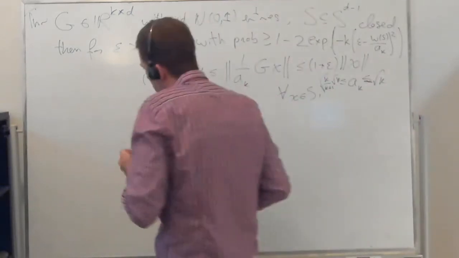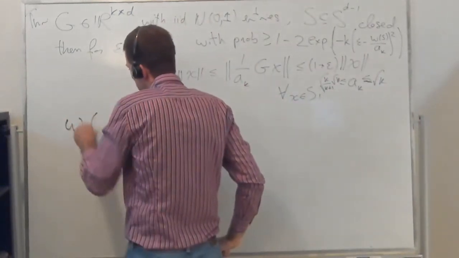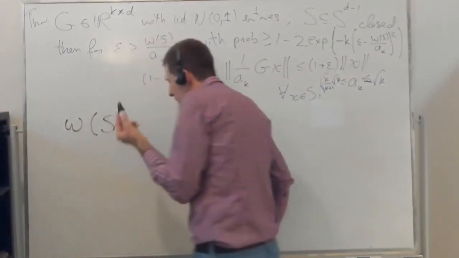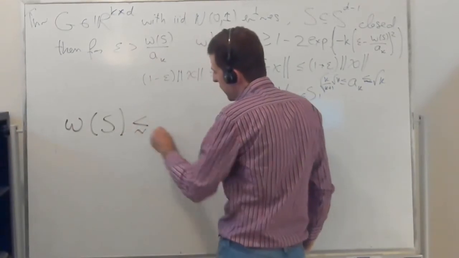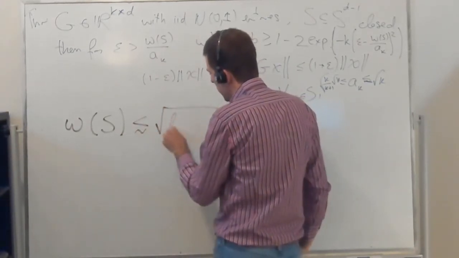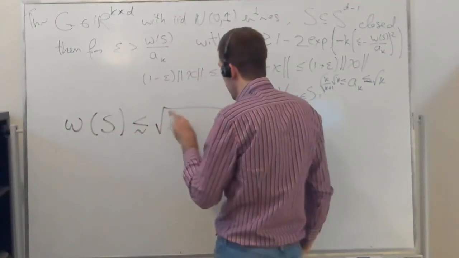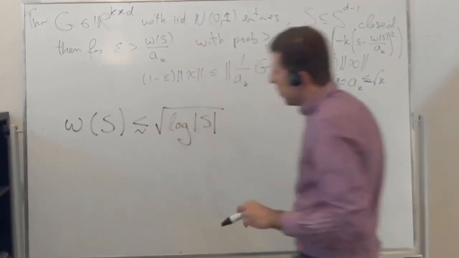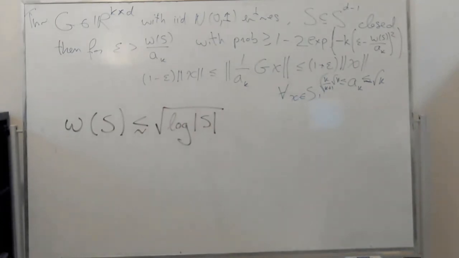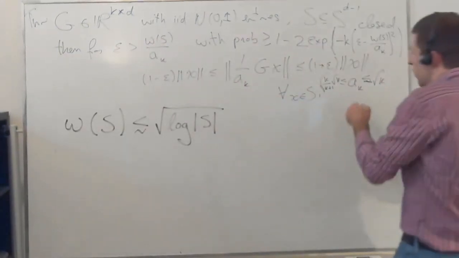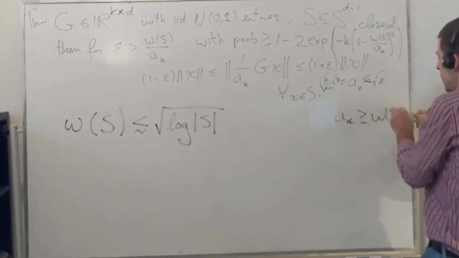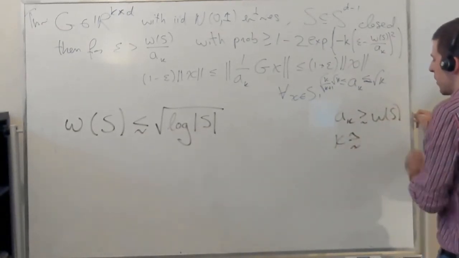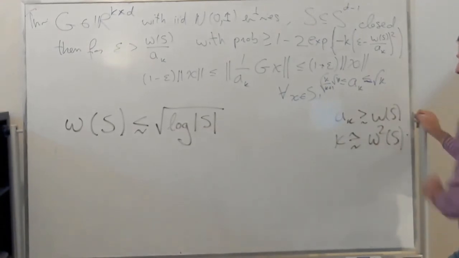This can be viewed simply by noticing that a completely analogous result can be obtained by noticing that the Gaussian width of a set S is always smaller or equal, up to constants, than the square root of the log of the size of S. So this says that for a set S, all you need is k to be bigger, as we said, than the Gaussian width, which is just saying that k should be bigger than the Gaussian width squared.